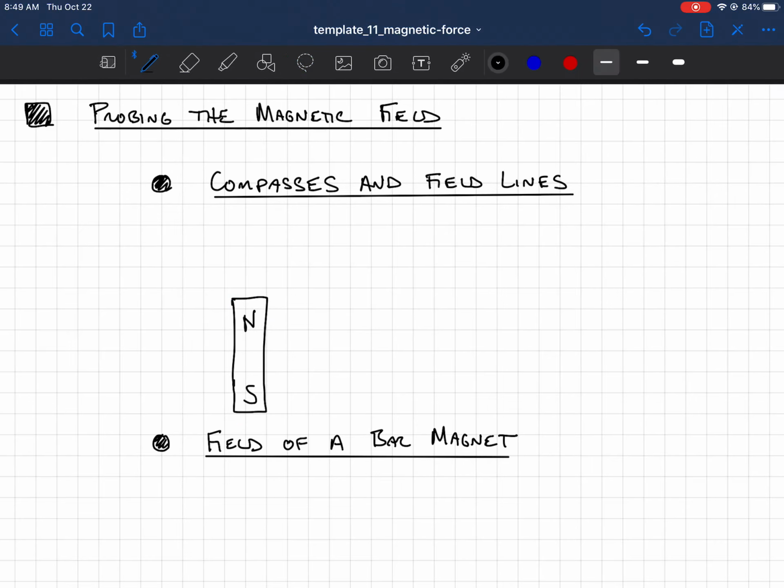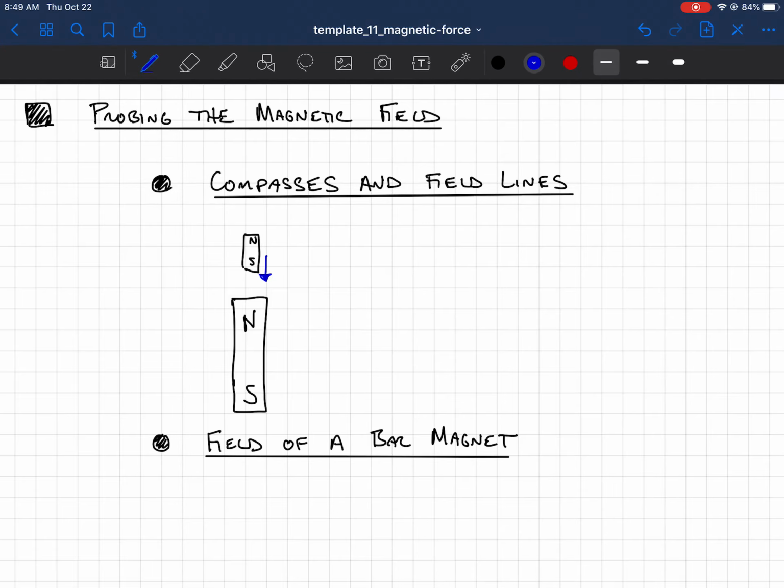So if I were to take another little magnet like this, then there would be a force of attraction on that other little magnet because the poles are opposite next to each other. Another way that you can think about that is that this second magnet will align itself with the first magnet. And that alignment, we say, is an alignment with the magnetic field of the first magnet.